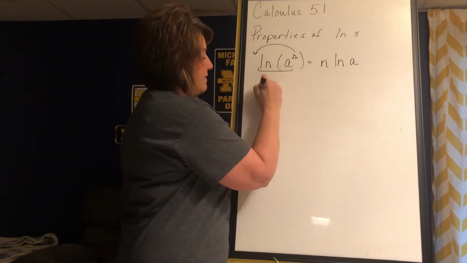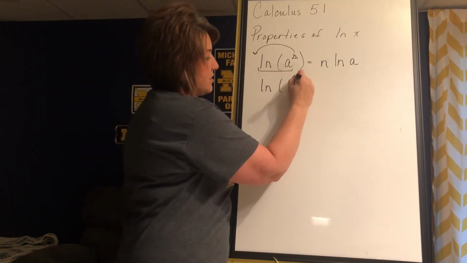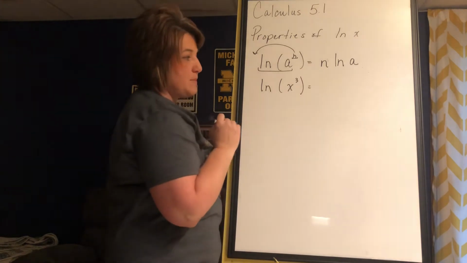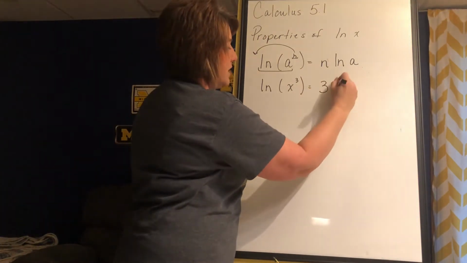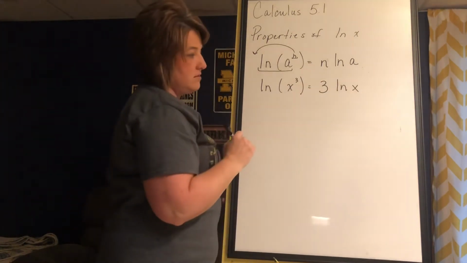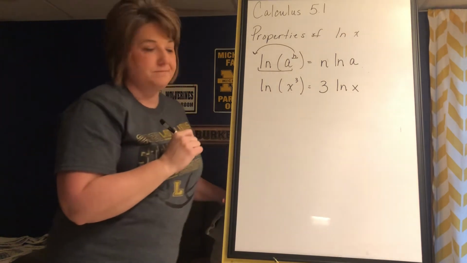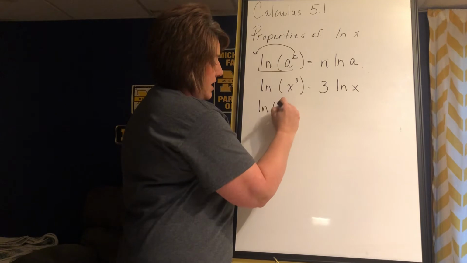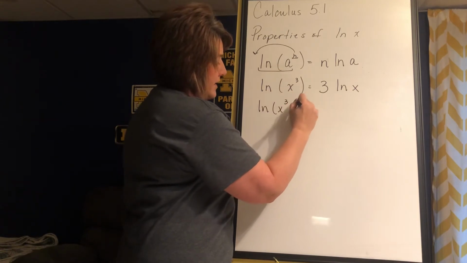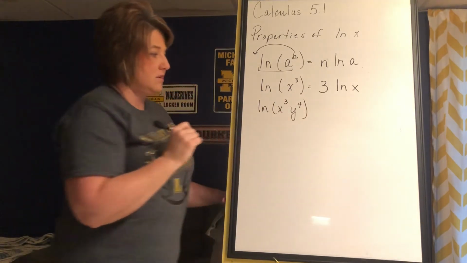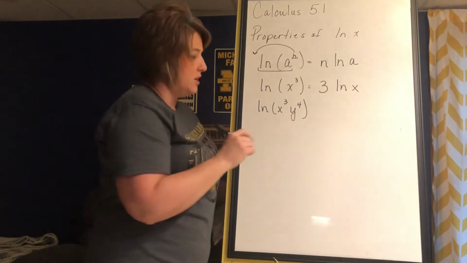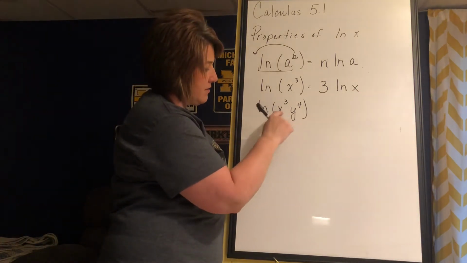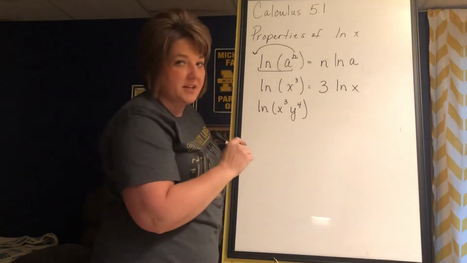So if I had the ln of x to the third, I can expand that by writing 3 ln of x. And that's it. If I have ln of x to the third, y to the fourth, here's where we got to be careful. I'm going to have to take care of this multiplication or this product first.